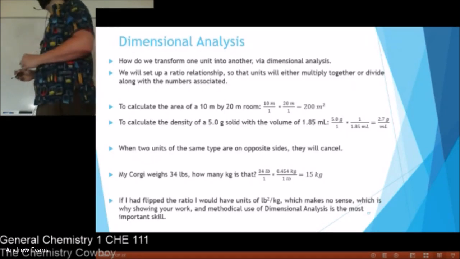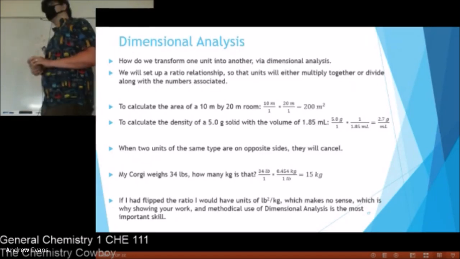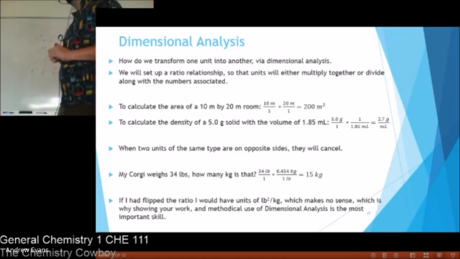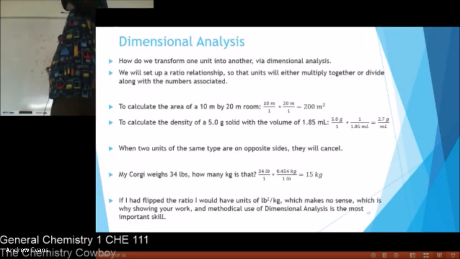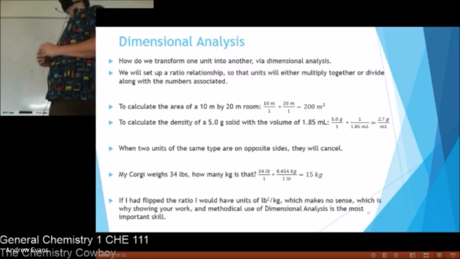They have canceled out. So as we go through our math, units will either combine or cancel out to get us to where we need to be. More often than not, we will worry about canceling out units. But just an example of combining units that you've seen.